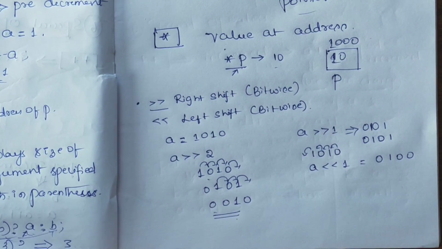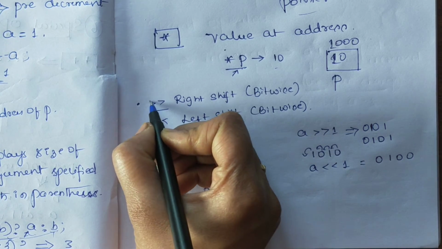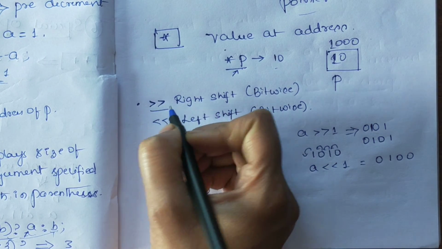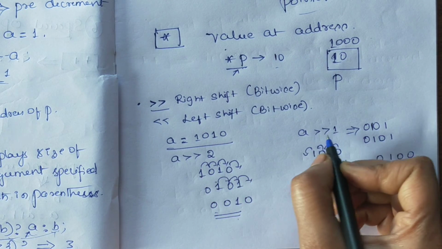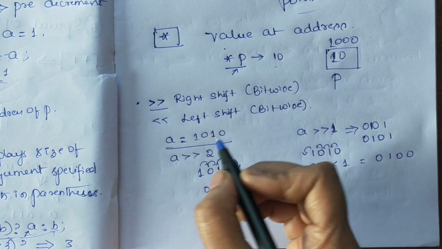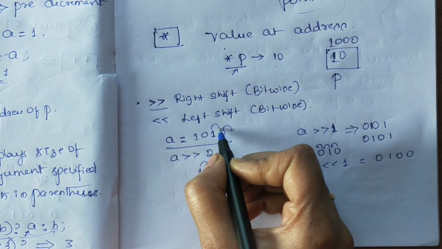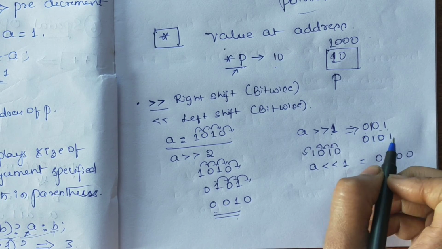And in the bitwise operator we have right shift and left shift operator. So if we write like this, it is the right shift operator. Suppose I have A value as 1010. If I right shift A by 1 time, then I will move the bits towards this side, then it will become 0101.